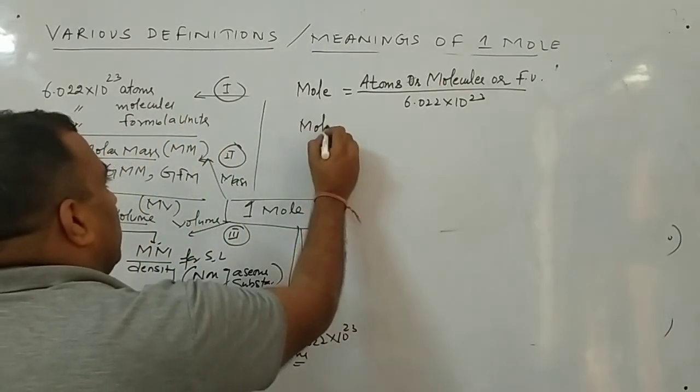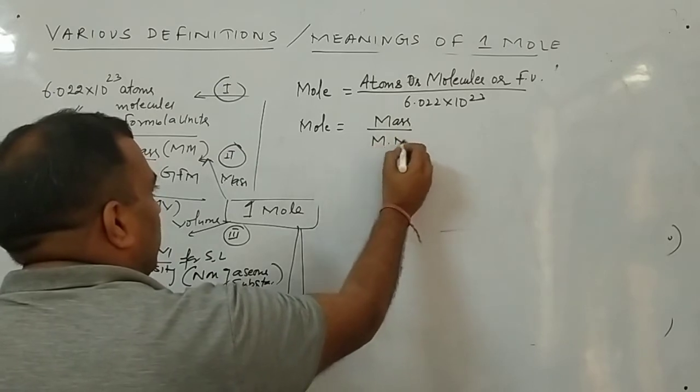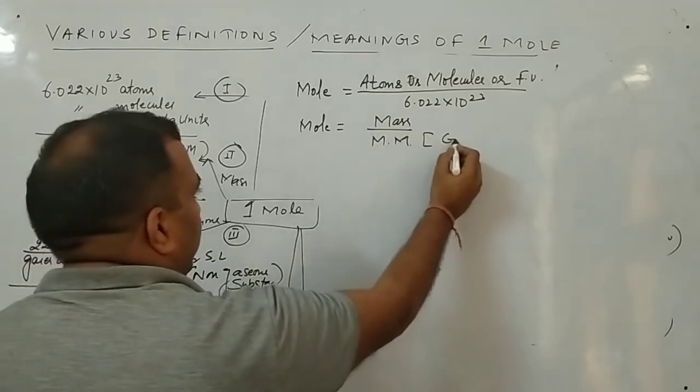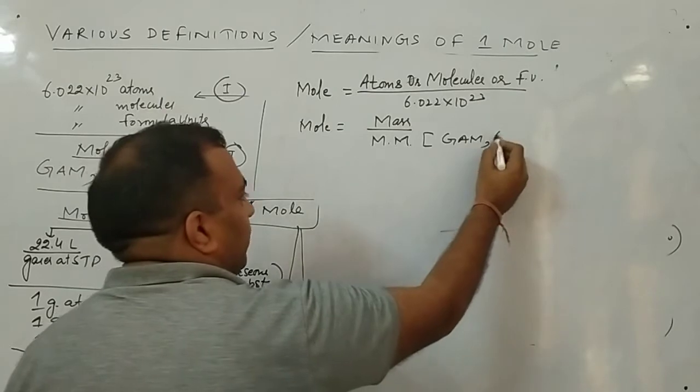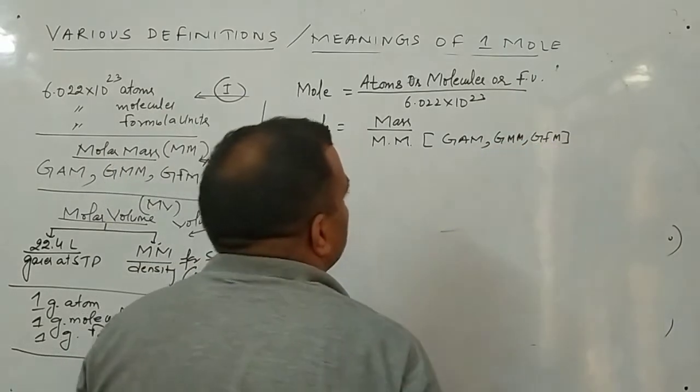Second, mole is equal to mass upon molar mass. Molar mass, you remember, is either gram atomic mass, gram molecular mass or gram formula mass.